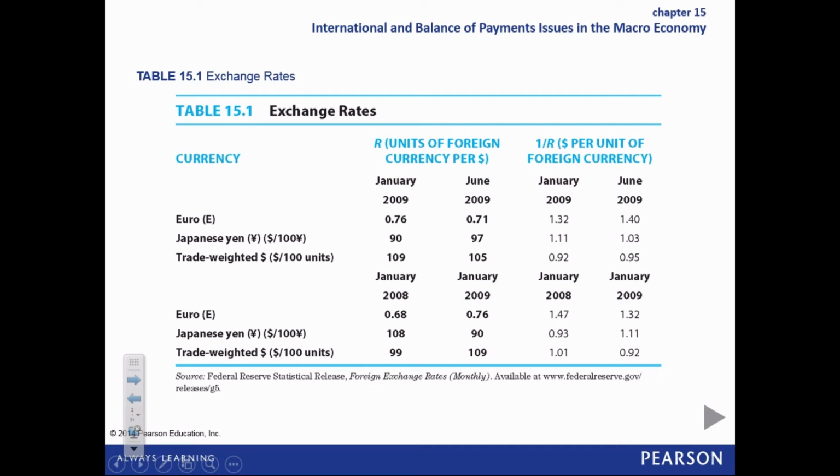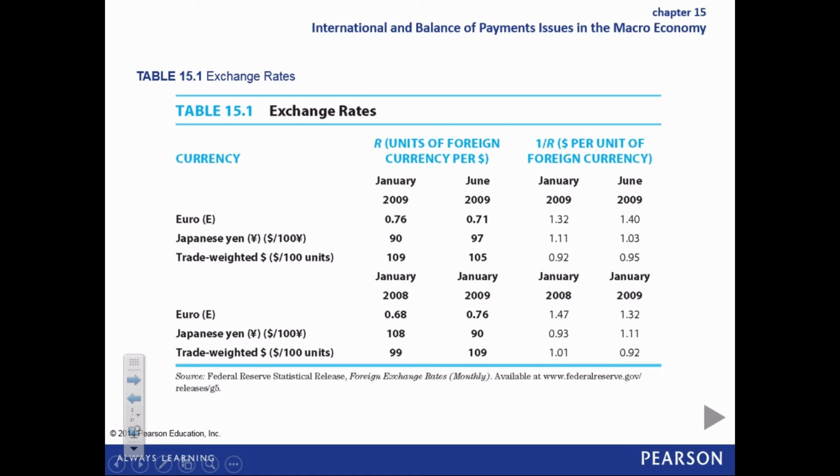The trade-weighted dollar, by the way, is a combination of currencies of the countries that we do most trade with. So that shows whether our currency versus the currency of our major trading partners is getting weaker or stronger.